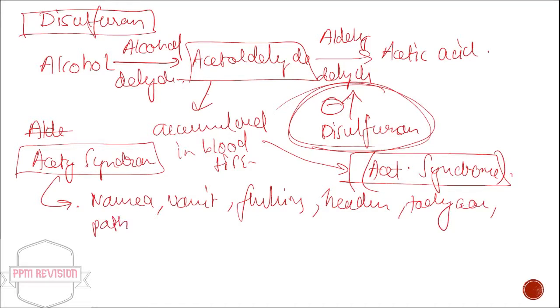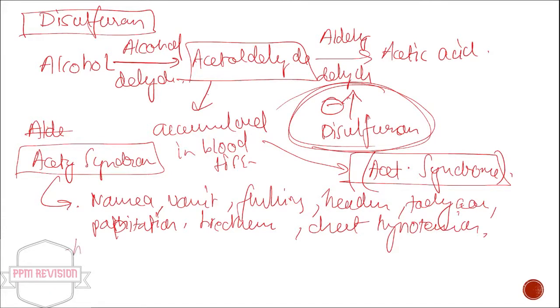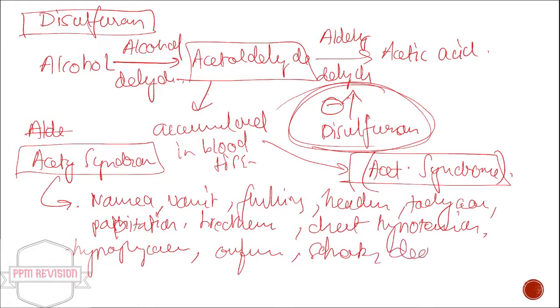Basically, whenever you're nervous, the same thing is happening here. So you have headache, sweating, tachycardia, palpitation, breathlessness, chest pain, hypotension, hypoglycemia, confusion, shock and death.